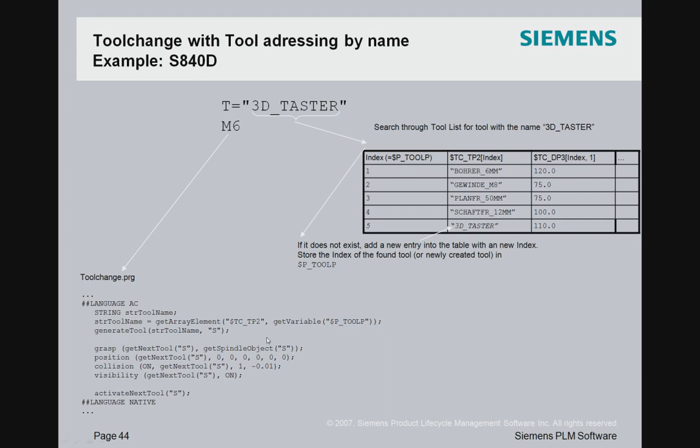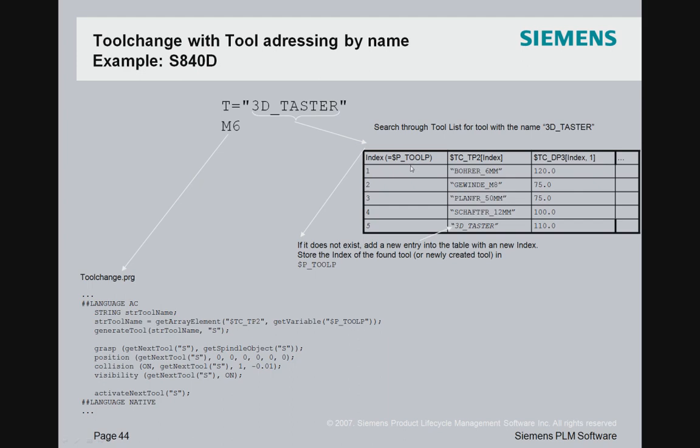Another remark for the Siemens controller, it also supports writing T equals and then a string. The tool number is always a number, so the type of the variable for $p tool p is always integer. The question is, how can the controller store a tool name in an integer?